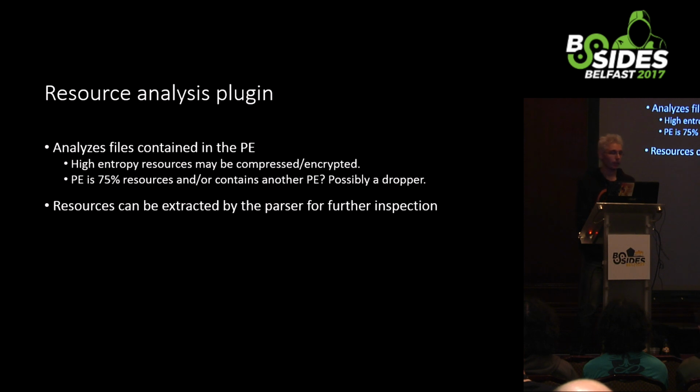It's a mechanism that malware is liable to use to drop other executables or files that they might be needing to use, like configuration files, etc. So just by looking at the resources of a PE file, like are they possibly encrypted or compressed, is the PE file composed of more than 75% resources, etc., in which case we might infer that this is maybe a dropper, we can get some interesting information about what the PE might be doing on the machine.